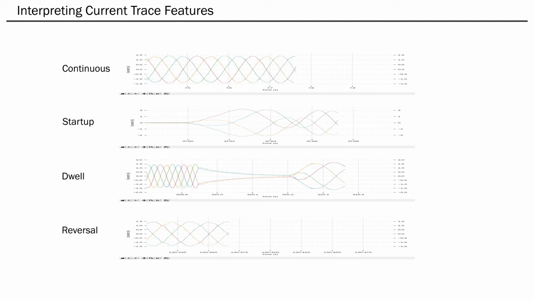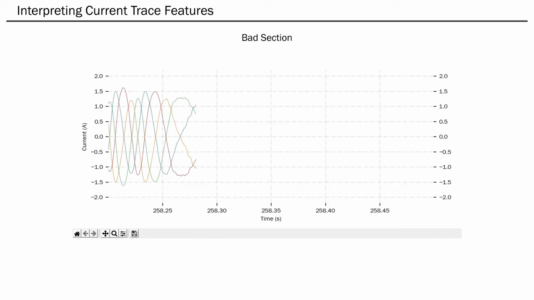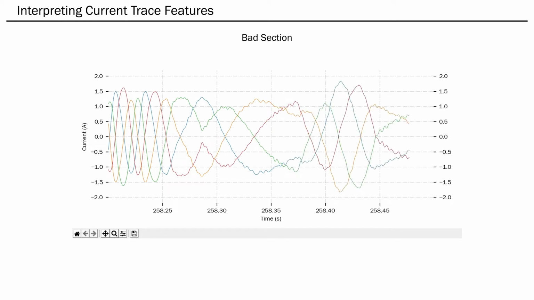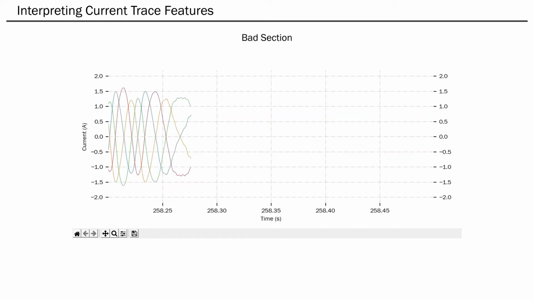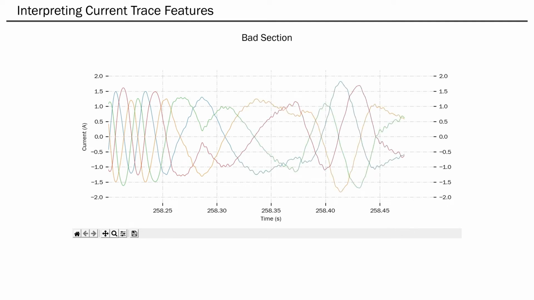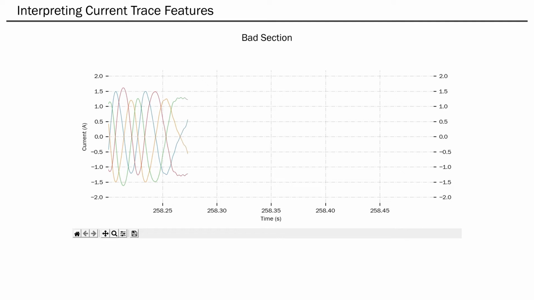So far, these have been clean, isolated trace features. Unfortunately, most of the trace looks like this. This is a mess. The motor is doing 2 reversals in succession with a single step in between. The sinusoids are badly stretched and the peaks are indistinct. The motor doesn't care, of course.